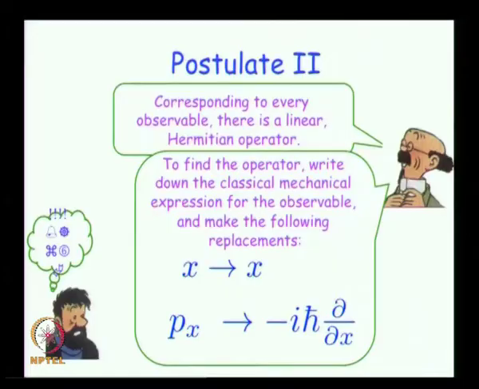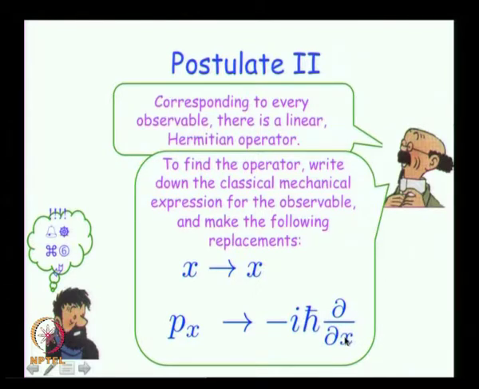And then we follow the prescription. You look at the classical mechanical expression, and you have to make these replacements. What are the replacements that the postulate says? If you have x, that is position, occurring, then do not do anything. The arrow shows x goes to x, that means you do not do anything with position; it remains unchanged. But if you have px occurring in the expression, you have to replace px with minus i h cross dou by dou x.